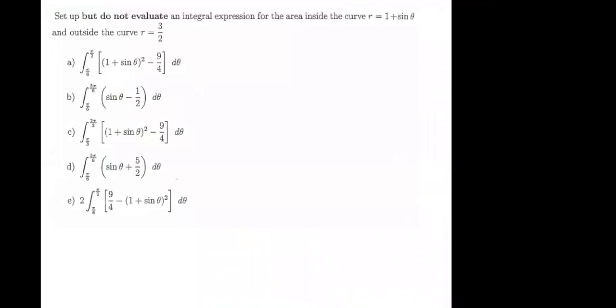Set up but do not evaluate an integral expression for the area inside the curve r equals 1 plus sine theta and outside the curve r equals 3/2. Okay, similar, we just did it almost. I will draw it first. This is definitely the cardioid, right?